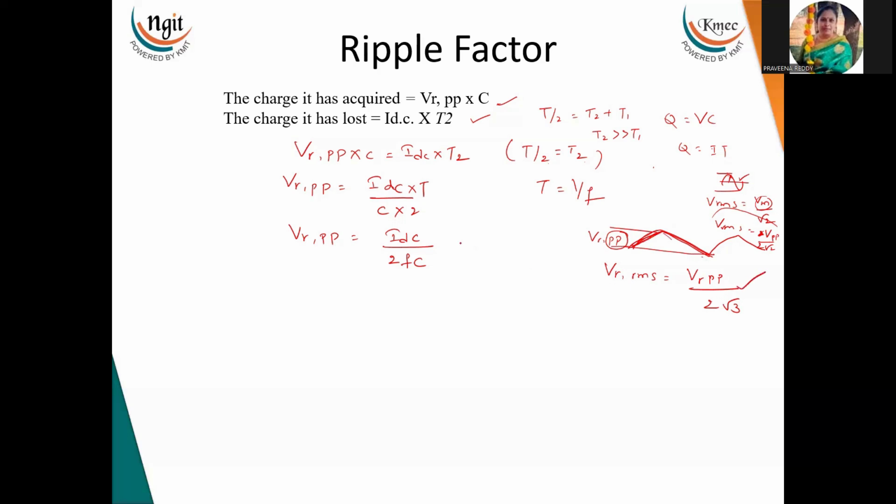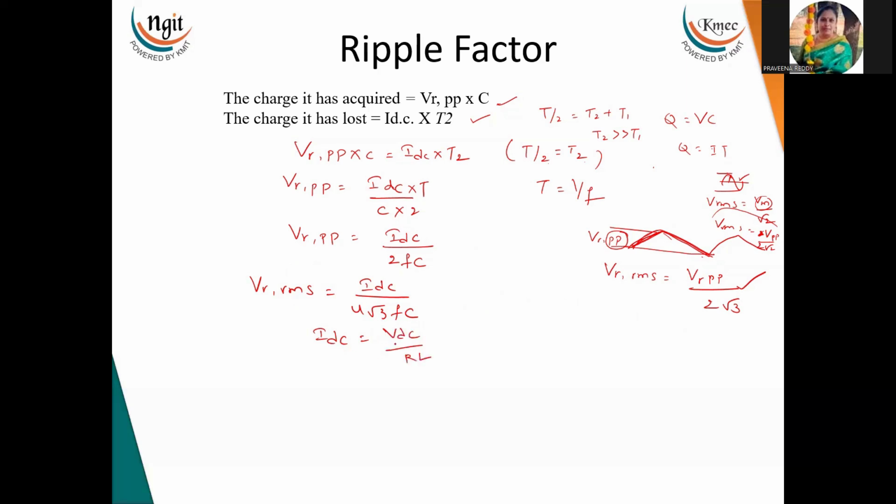Now we are going to substitute this here. So VR RMS is equal to VR peak to peak written in this expression: IDC divided by 4√3 FC, where IDC is equal to VDC divided by RL.